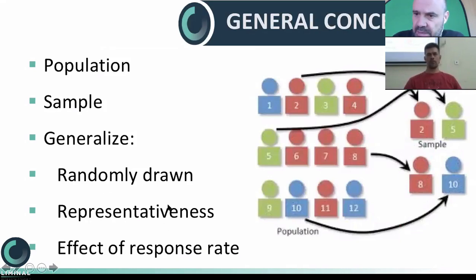That's the next thing. Say, for instance, your population is mostly younger people, and 80% of your population is between 20 and 30 years old. Then 80% of your sample must also be between 20 and 30. So the sample must be representative of the population.